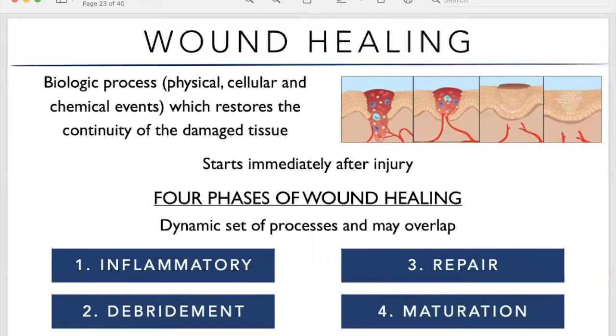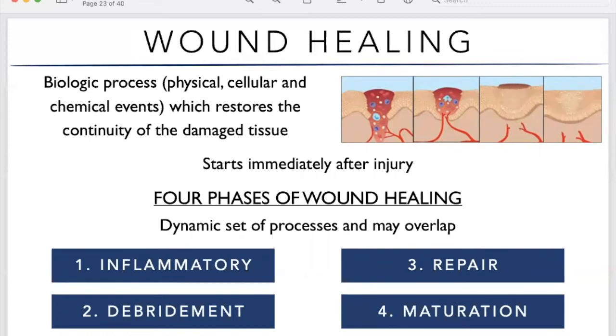And this is a big surgical topic, I guess, because I don't know if pathology or medicine might discuss it, but this is really under surgery, and this is a common question in the board exam. All right.